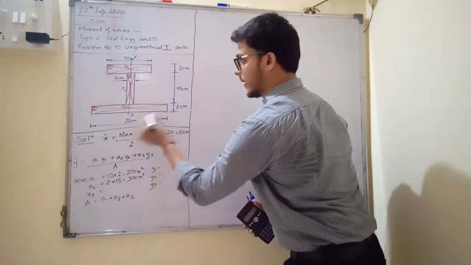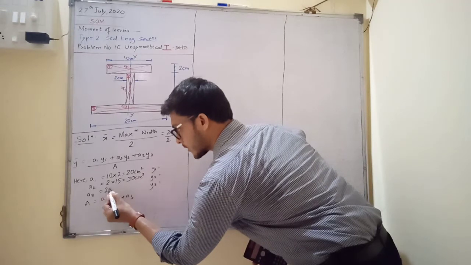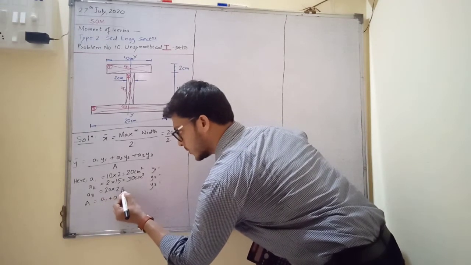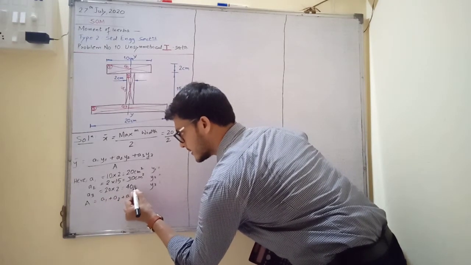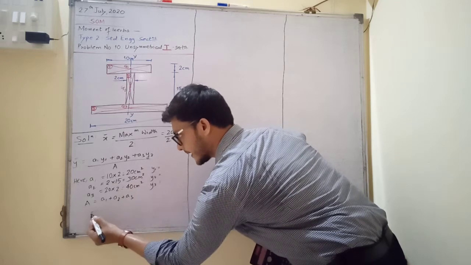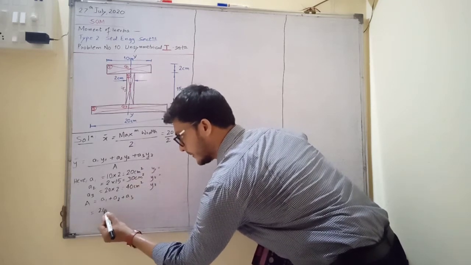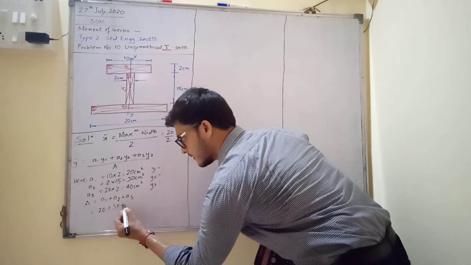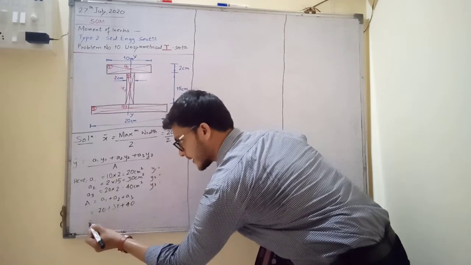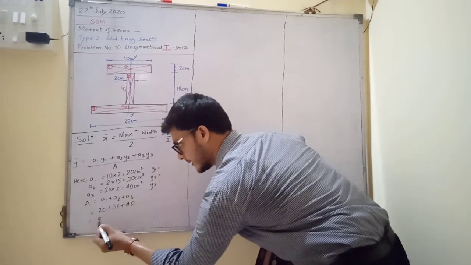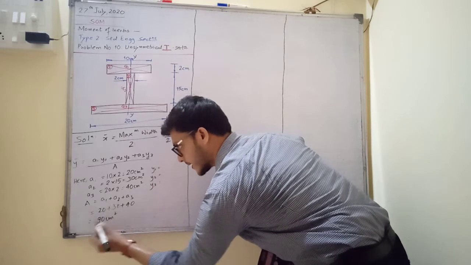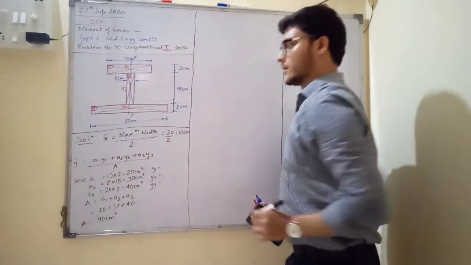A3, third rectangle, 20 into 2, 40 centimeter square. So the total area will be the sum of these three, 20 plus 30 plus 40. That becomes 50 plus 40, 90 centimeter square. This is the total area. So these values I have.